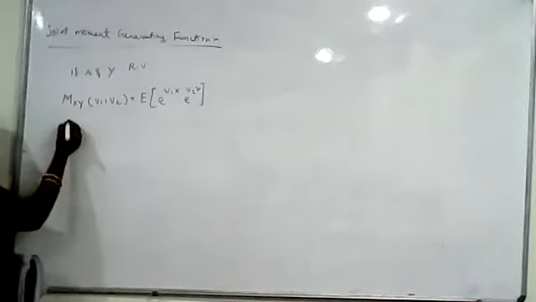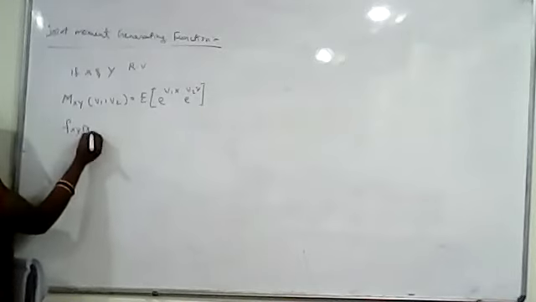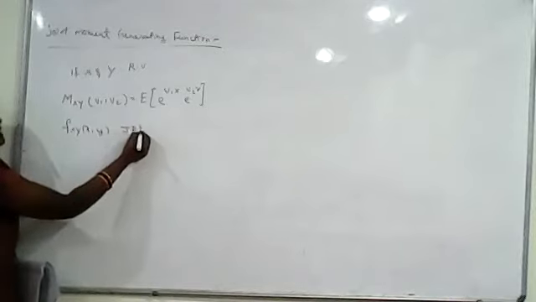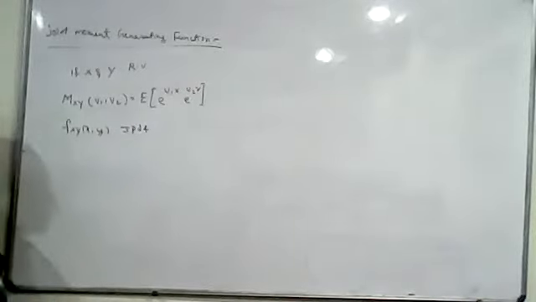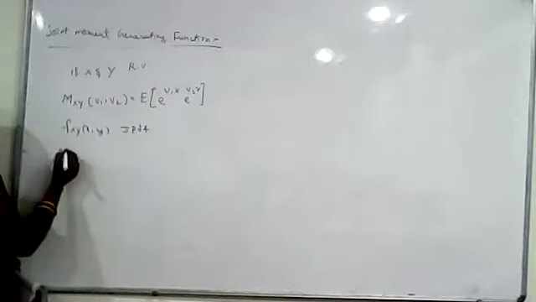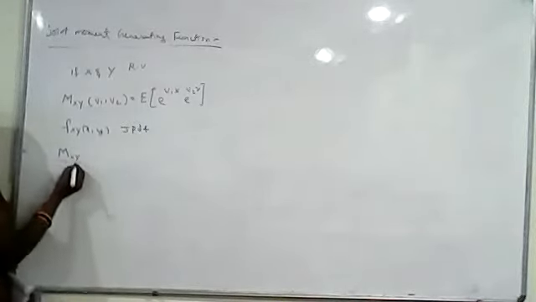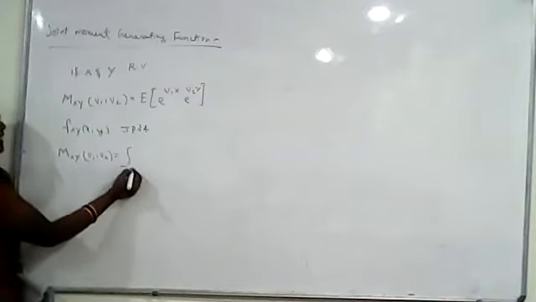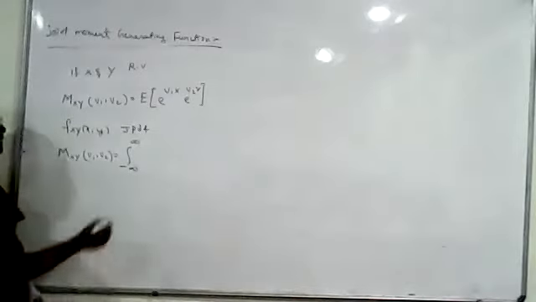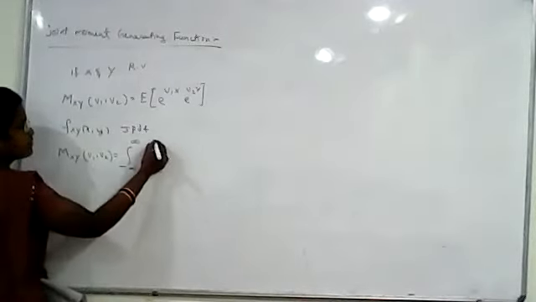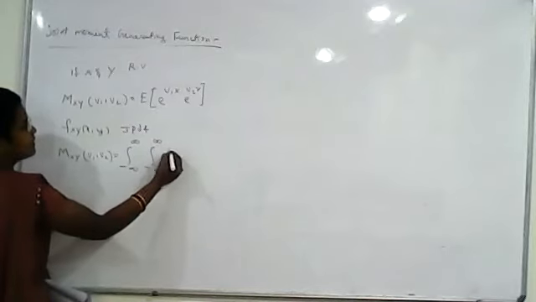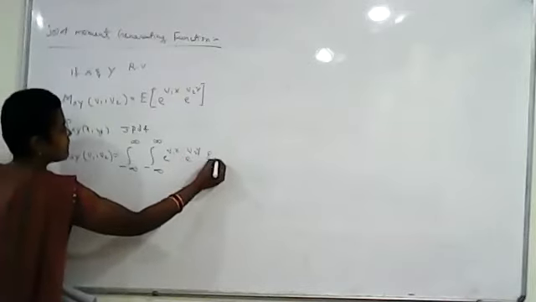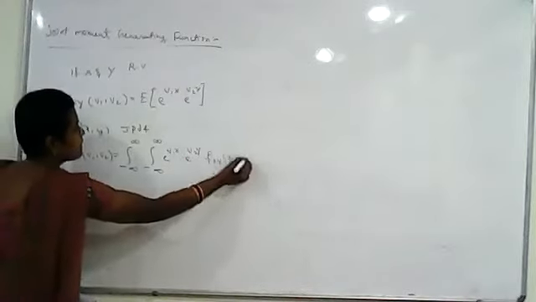Now if f_XY of x comma y is the joint probability density function of the random variables X and Y, then the joint moment generating function M_XY of v1 comma v2 can be written as the integral from minus infinity to plus infinity, integral from minus infinity to plus infinity, e power v1 x, e power v2 y, f_XY of x comma y dx dy.